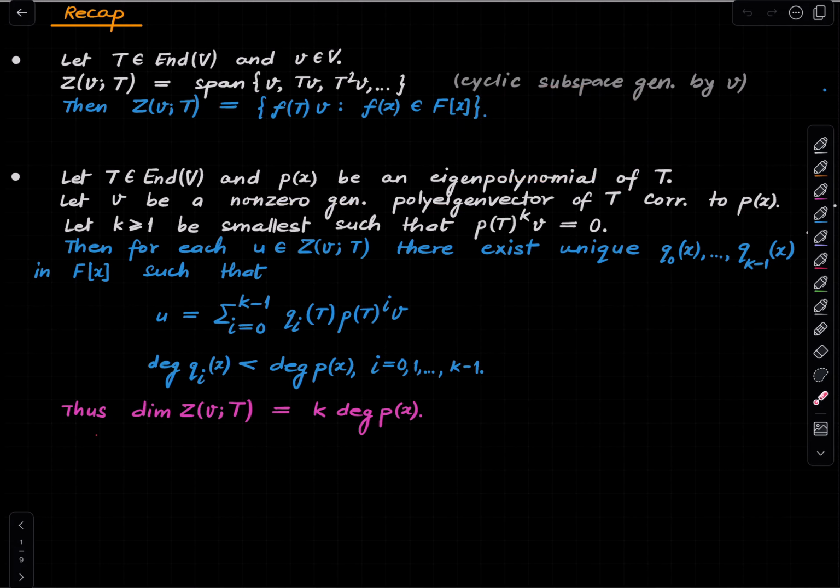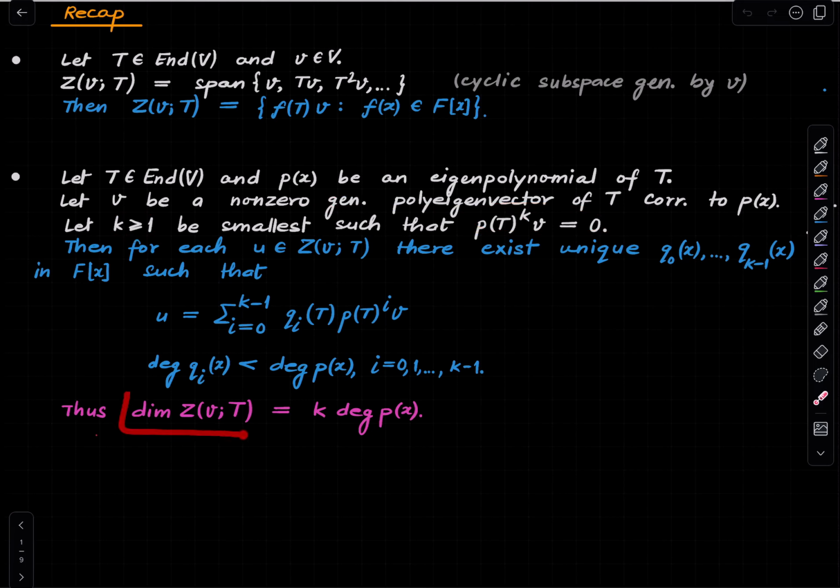And let k be the smallest positive integer such that this is the case. Since v is a non-zero generalized polyeigenvector, the smallest k has to be positive. It cannot be 0, because if k were equal to 0, it would mean that v is 0, but we have picked a non-zero generalized polyeigenvector.